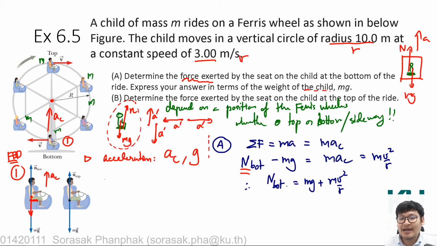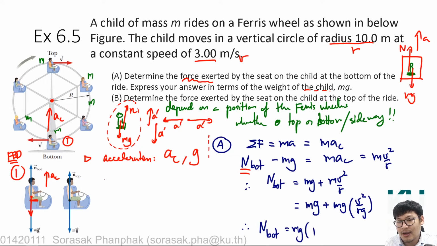If you like to answer in terms of mg, how can you do it? You can multiply by g and divide by g, so that you get v squared over rg. And finally, you get N bottom equal to mg times 1 plus v squared over rg. This is how you get the value of N bottom.